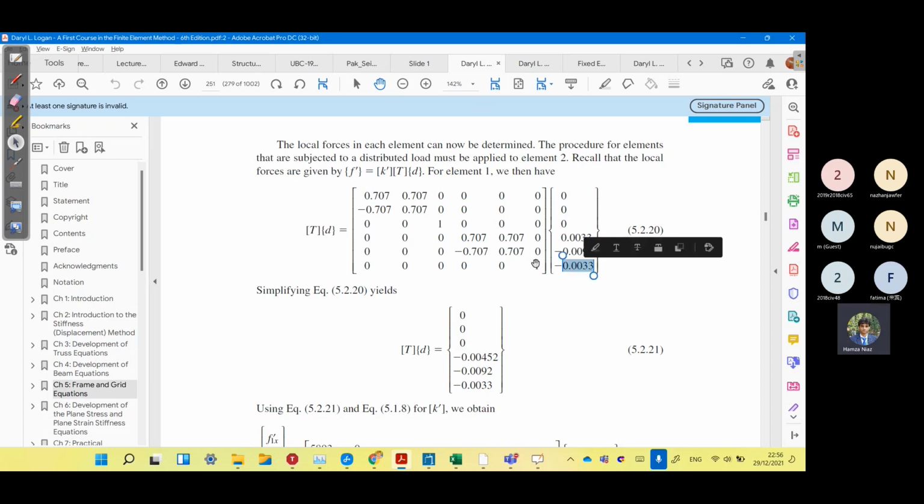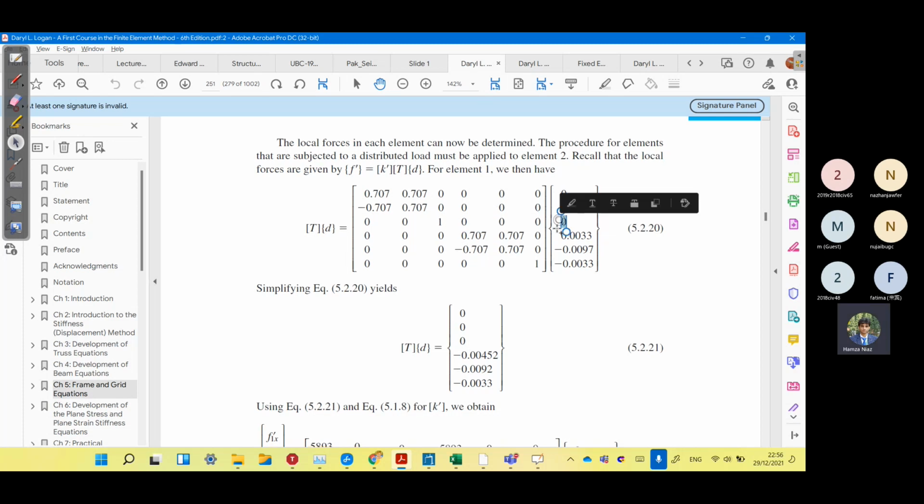For Phi2, we have used only one because we do not need to transform the rotation. It is the same in all coordinate systems. We have used one for Phi2, but these two for U2 and V2. For U1, V1 and Phi1, they were all 0.